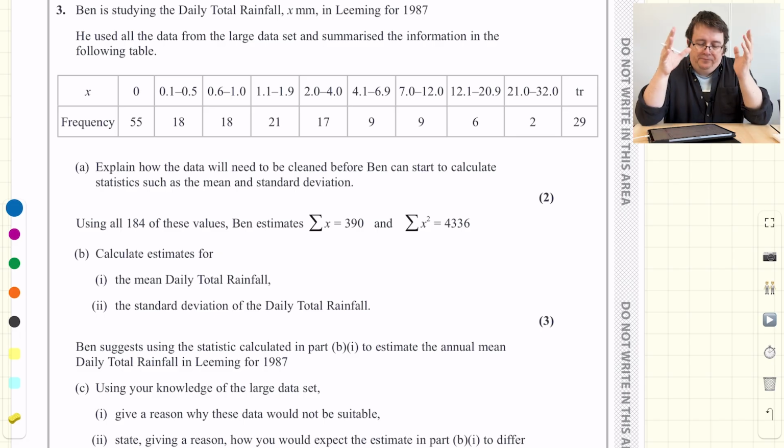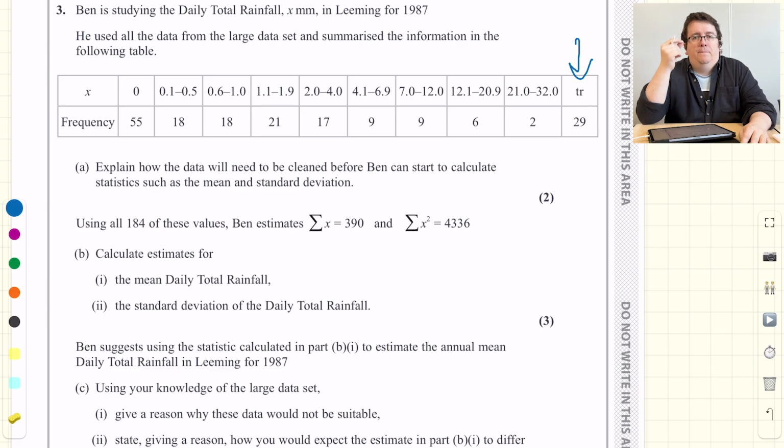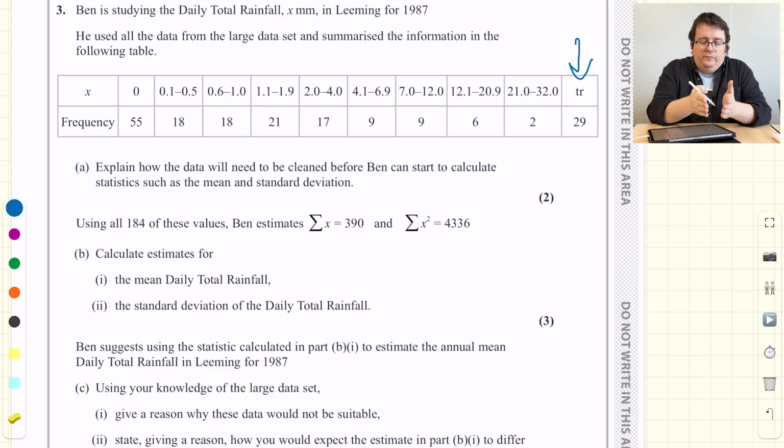Okay, so in the table, final column, you've got trace, so TR. So we can't do any calculation until we've dealt with that. Okay, so the trace values in the large data set are values that are less than 0.05.